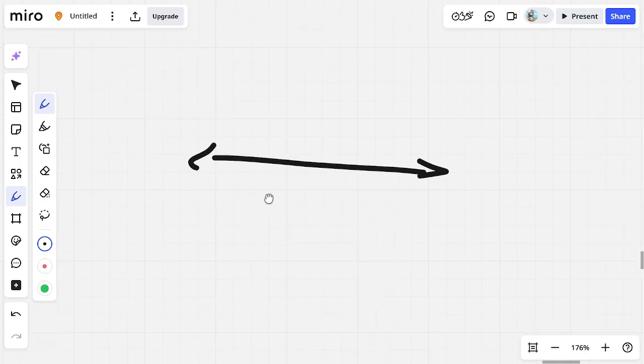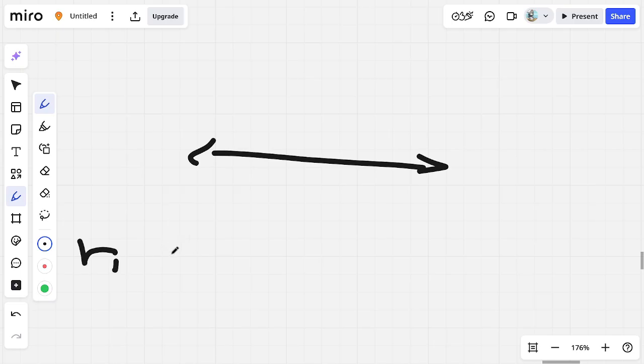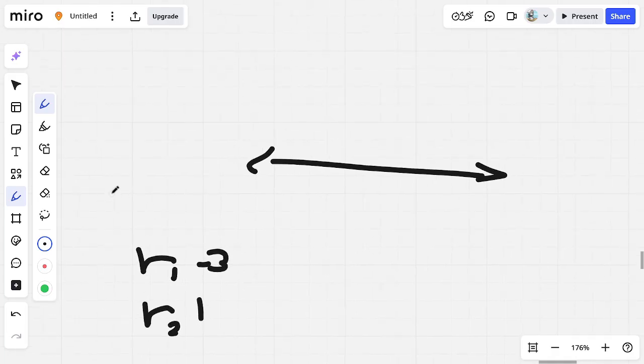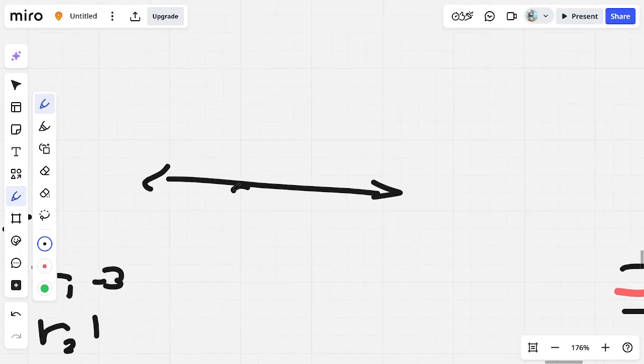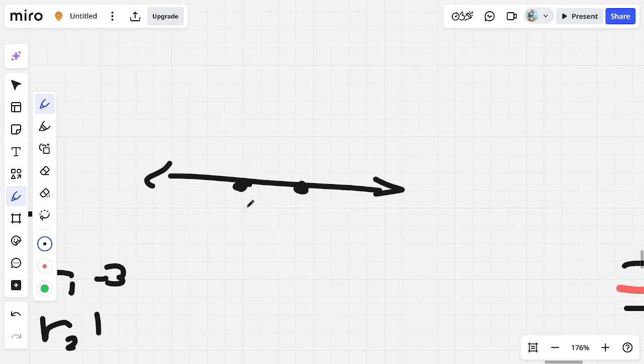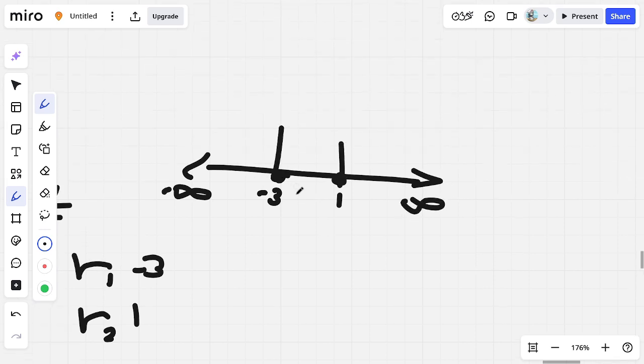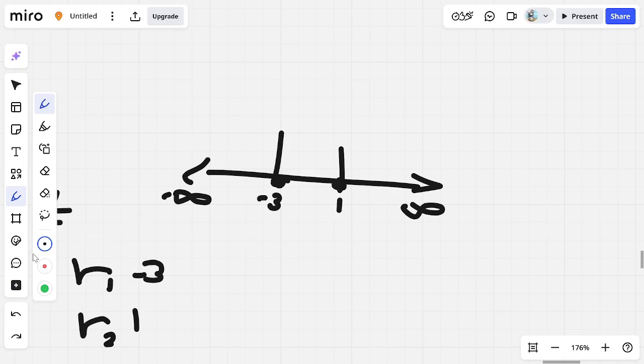So if we have, let's say, our r sub 1 is -3 and r sub 2 is 1, and the sign is greater than or equal to, we have to use solid circles. So these are our test intervals right here.